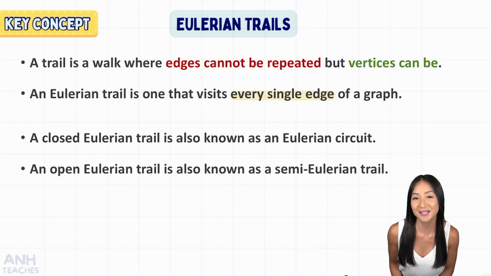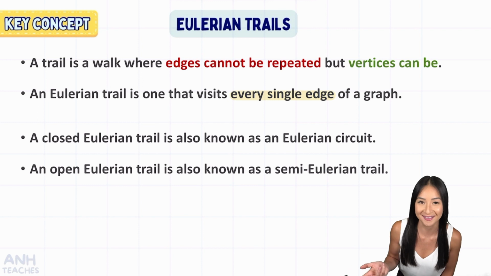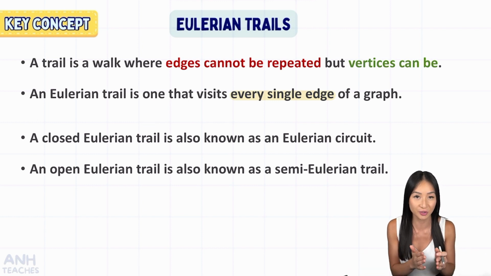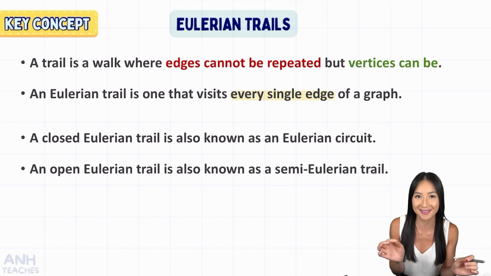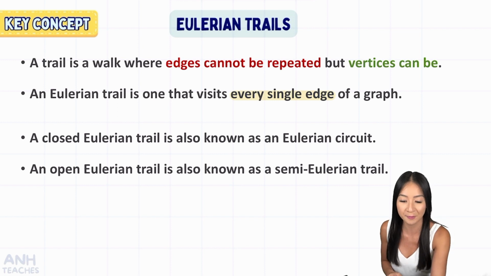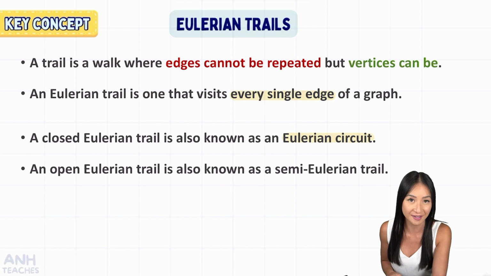Now, to add a little bit of vocab to that ever-growing list, an Eulerian trail can either be open or closed. Closed meaning that it begins and ends at the same vertex, open meaning that it begins and ends at different vertices. Now, if an Eulerian trail is closed, the term that we use to refer to it is actually Eulerian circuit.